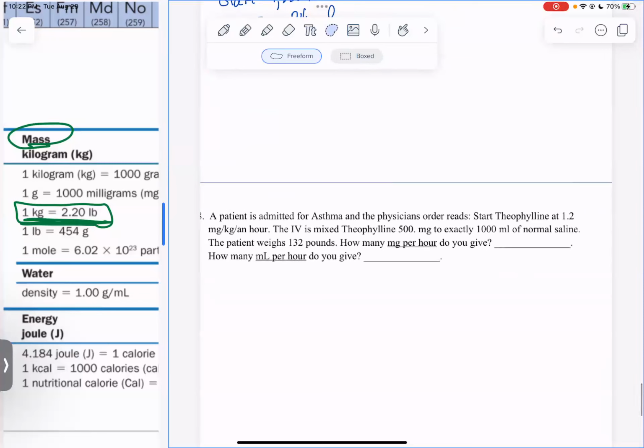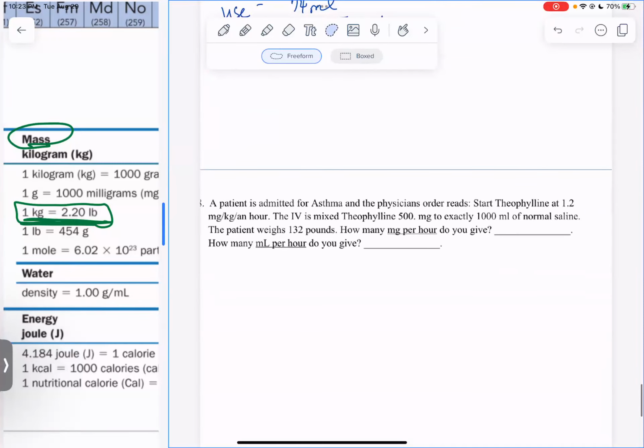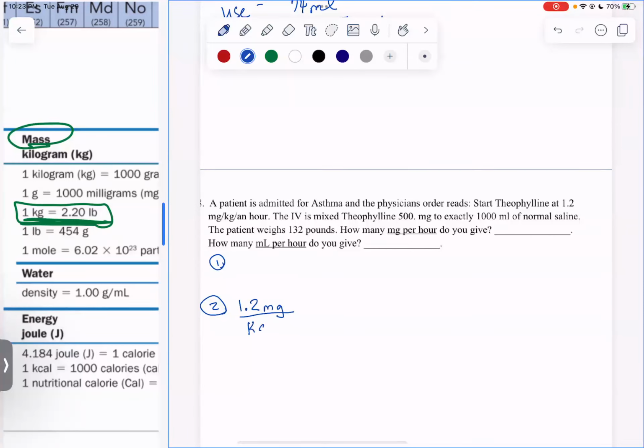A patient is admitted for asthma, and the physician's order reads... Okay, so we might start with not the goal, but pieces of information that are given. So start with our drug, and do you have to be able to say the drug? No. But it's 1.2 milligrams per kilogram per hour.